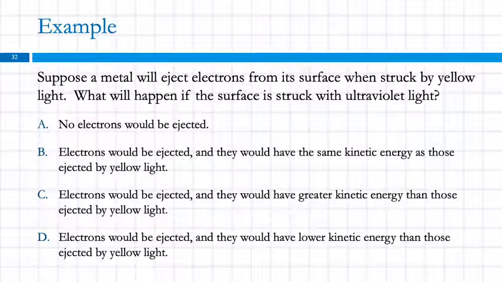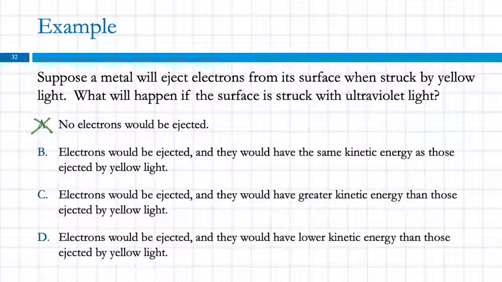Sure. So now we can look at these choices. A, no electrons would be ejected. Well, that's not true. The electrons would be ejected and they would have the same kinetic energy as those ejected by the yellow light.